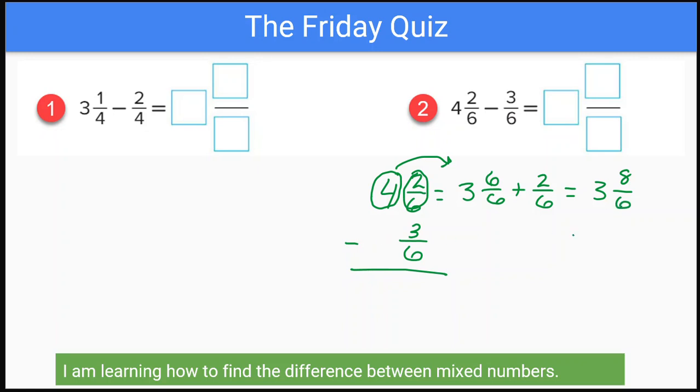Take away 3/6. 8/6 take away 3/6. 8 minus 3 is 5, right? 6ths, 6ths, 6ths. 3 take away nothing. There's nothing here, right? 3 take away nothing is 3. So the final answer is 3 and 5/6.